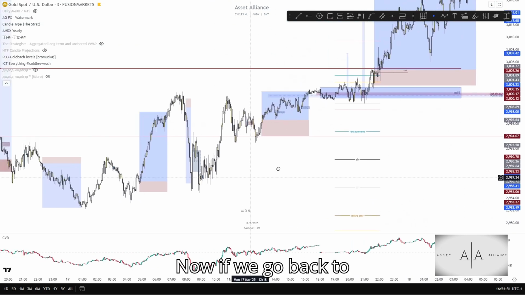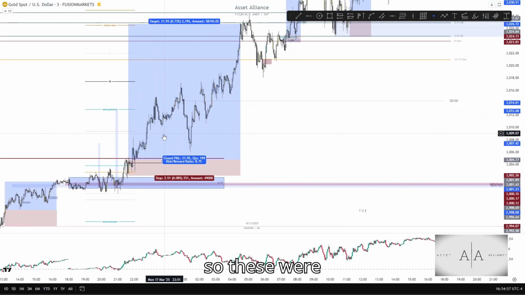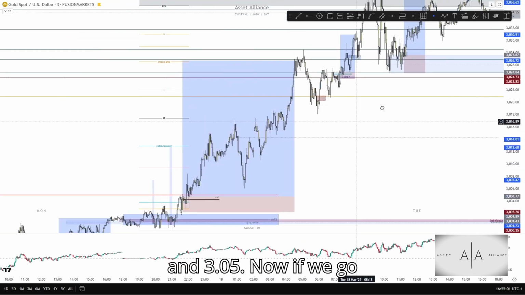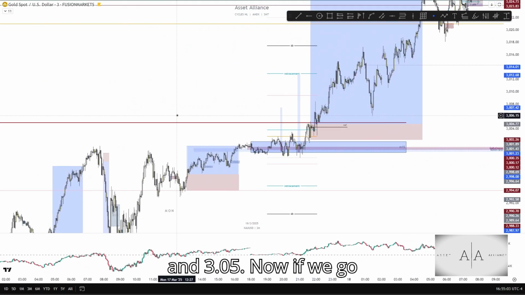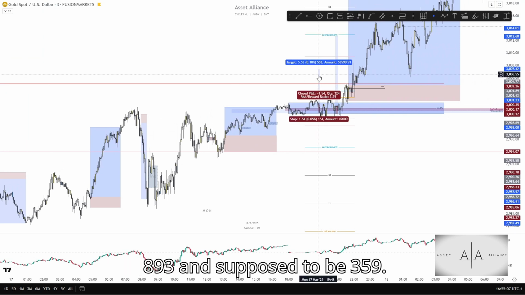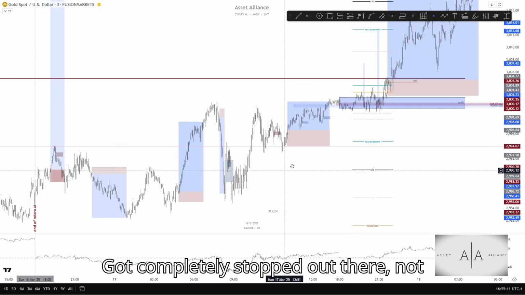Now, if we go back to previous day trades, right? So these were 8.75, 6.01, and 3.05. Now, if we go back, yeah, these were supposed to be 893 and supposed to be 359. Got completely stopped out there. Not even a break even.